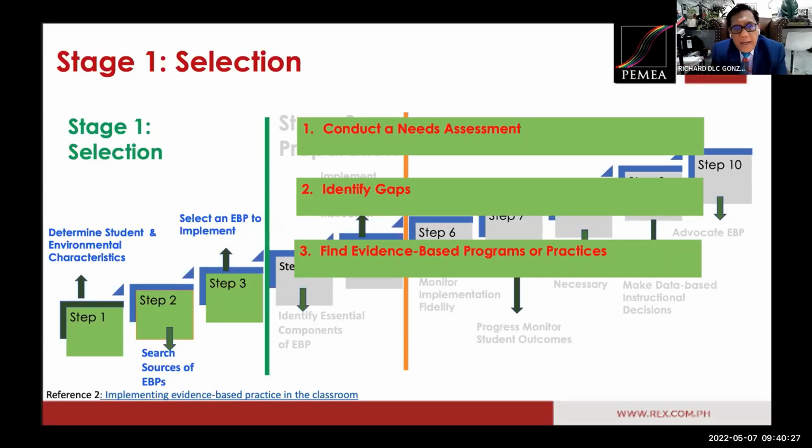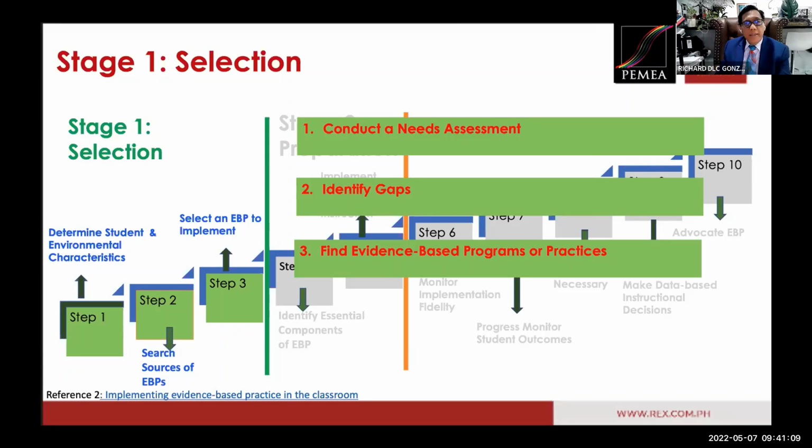What I am saying is, you may not have done any research for your school, so you have to go back to the literature and find out what the EBPs are that have been implemented and proven and tested to be effective. If that EBP has been implemented in a setting similar to your school, then you can always adapt it.